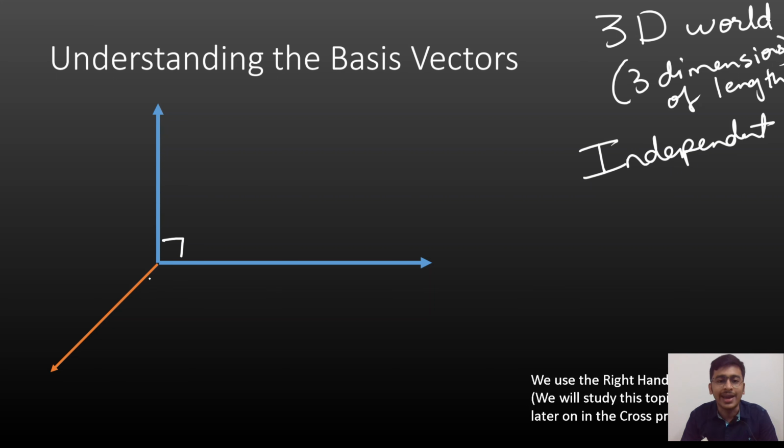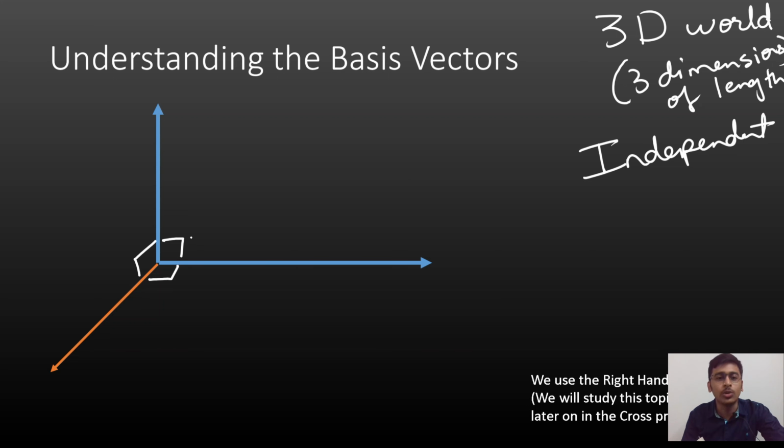You can only draw 3 mutually perpendicular vectors and not more than 3, because we live in a 3-dimensional world. There are some concepts about 4-dimensional worlds, 5, 6 and so on, but it's all an imaginary concept. We cannot physically see a 4-dimensional world, because we are all accustomed to a 3-dimensional world only.